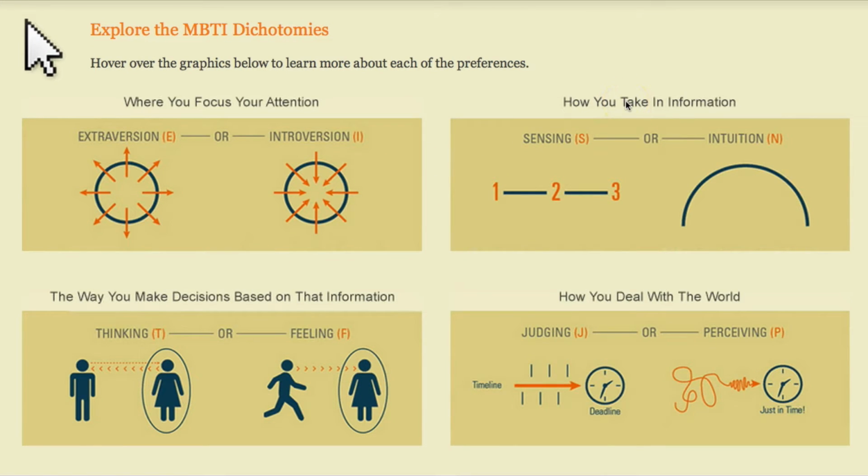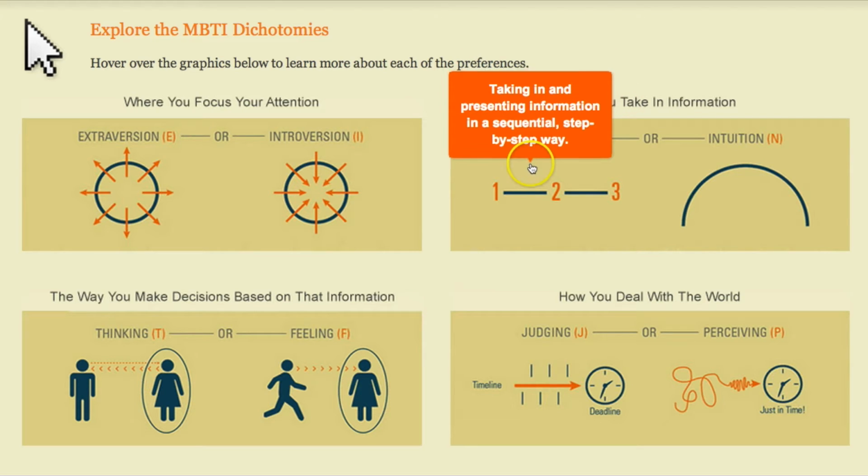Let's think about how to take in information, that dichotomy. For those of you who have a preference for sensing, you have a tendency to take in information in a sequential, step-by-step way. You trust what is concrete and certain, tend to be known as practical and realistic, can be specific and literal, give detailed descriptions, grasp facts and details, and often have an excellent memory for them.